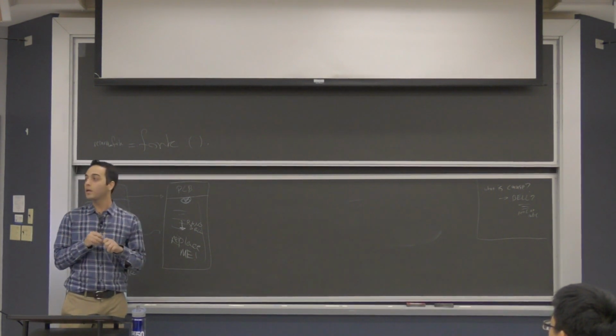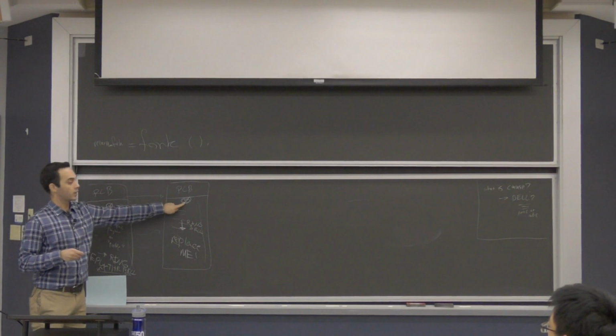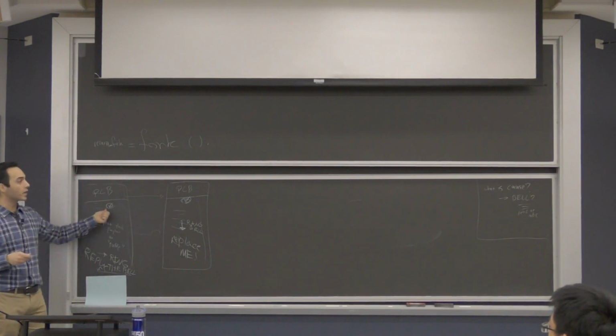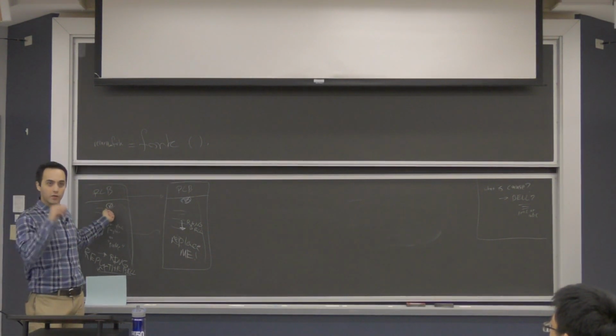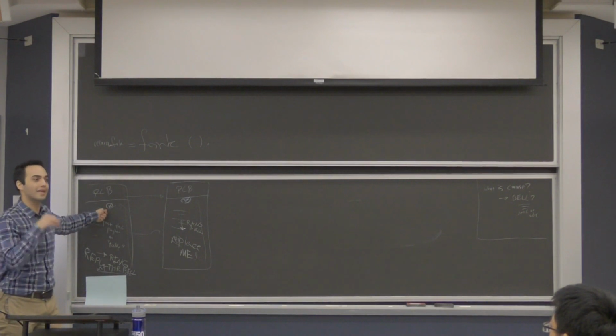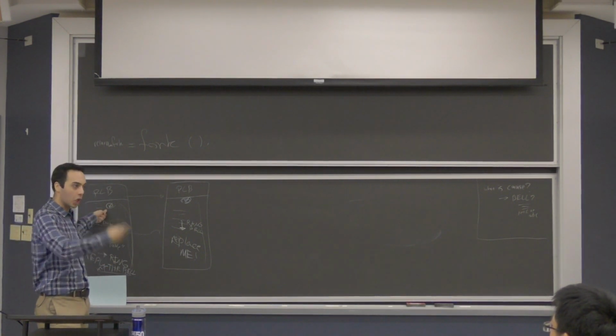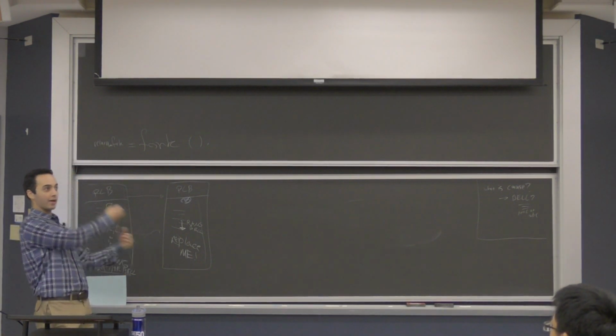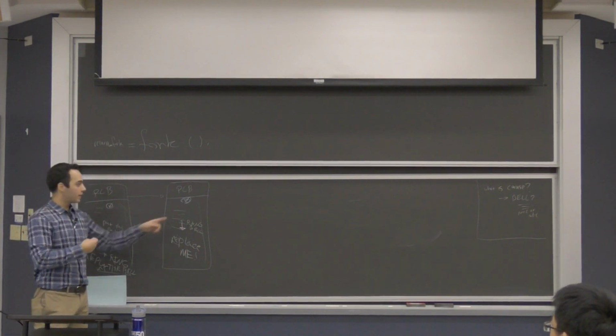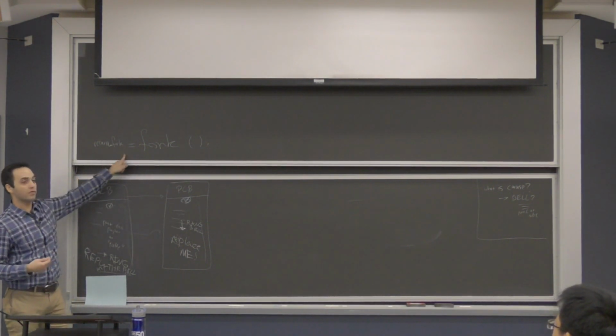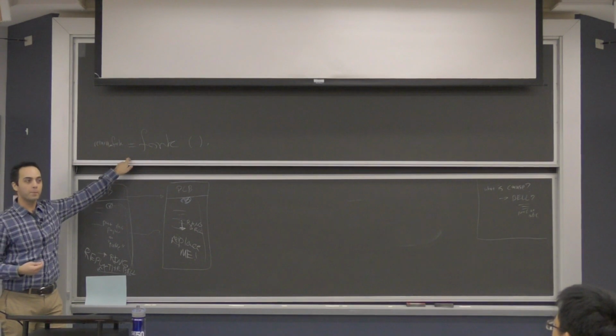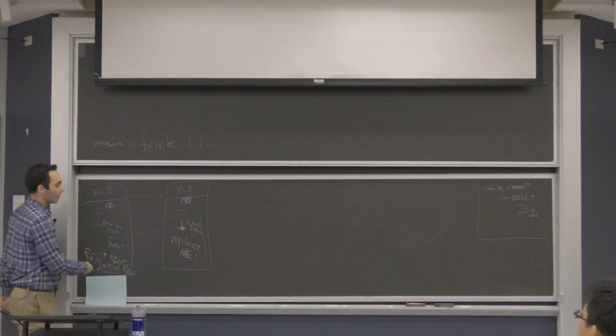ID? This one, right? This is what I said. When the OS does it, just for the sake of this, the process can differentiate itself from its clone, or basically from its parent. This is the only thing, and that's the return of the fork. Okay? So then basically you can have an if statement.